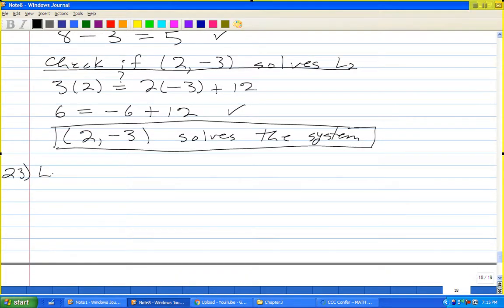So let's call the first line 2x plus y equals 5. Second line, y equals 3. So let's determine the slope of the first line.